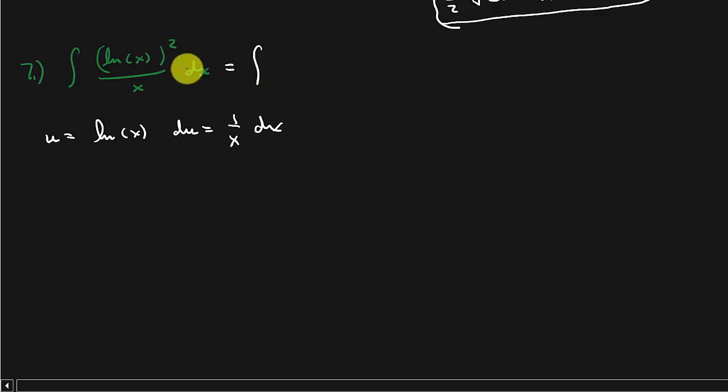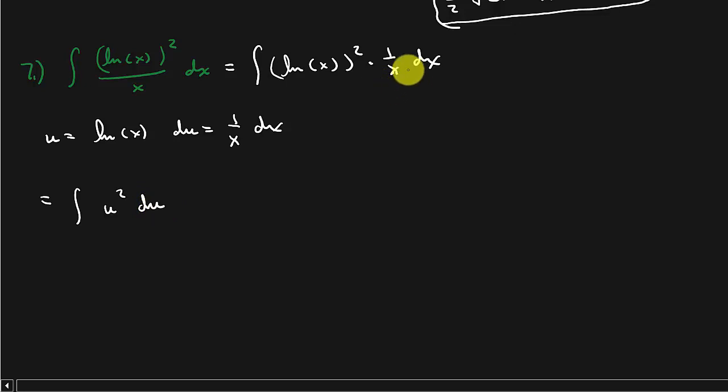Isn't this the same thing, natural log x squared times 1 over x dx? This is the same thing as this, because if you do 1 over x times natural log of x squared, you end up with this. I just separated them so you could see the 1 over x. And so now let's make our substitution. That's going to be u squared du, right?